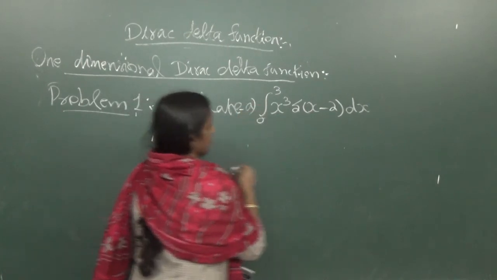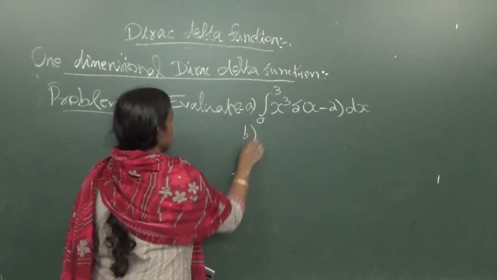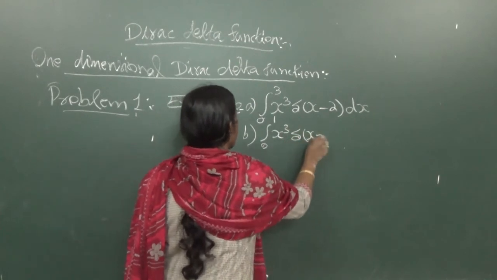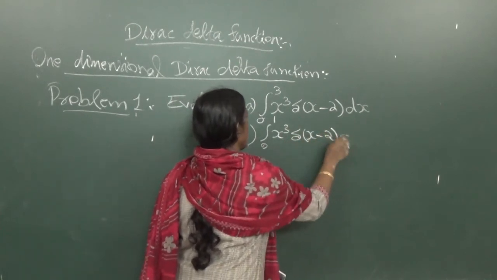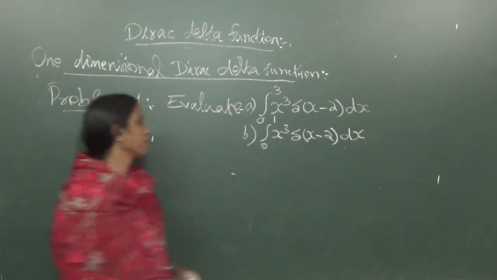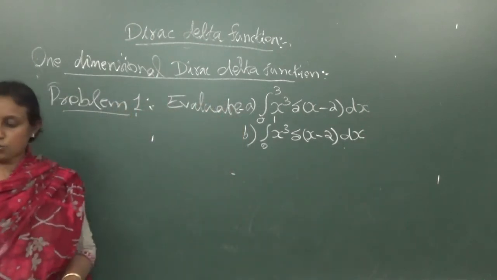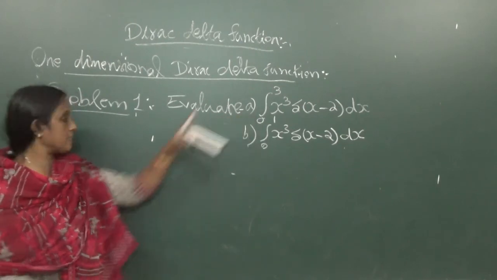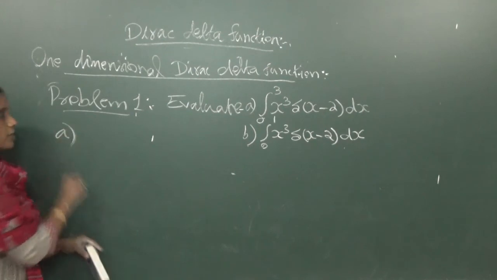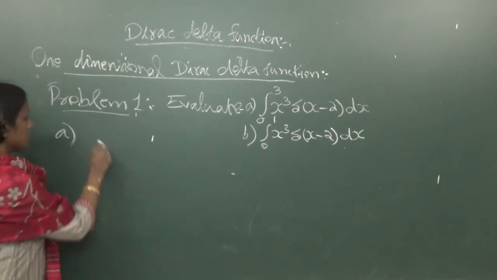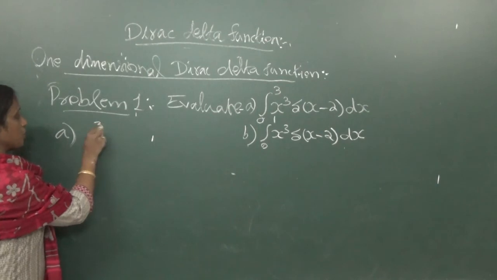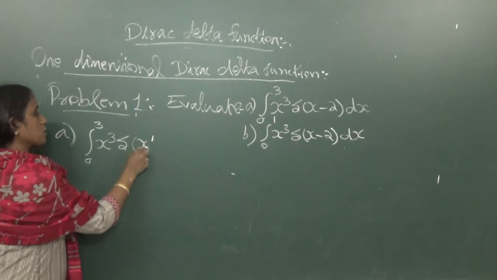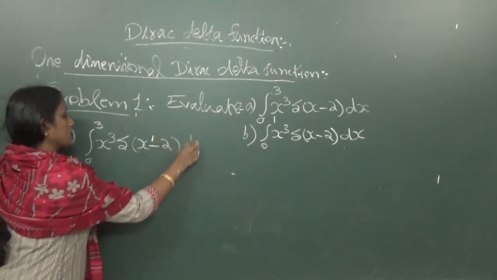This is case 1, and case 2 is integral 0 to 1 x cube del of x minus 2 dx. We have to check this integral. So we can do first the first integral, problem A. Okay. There it is given that the integration limit is from 0 to 3, x cube del of x minus 2 dx.